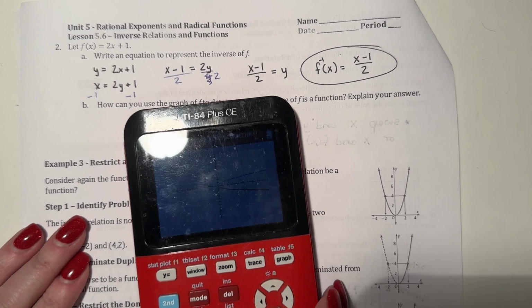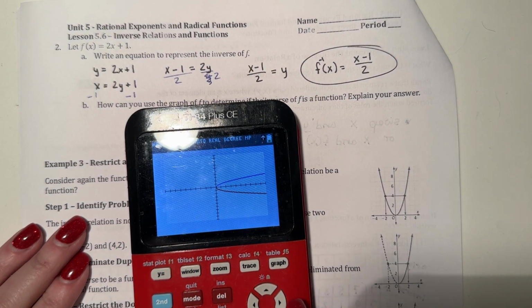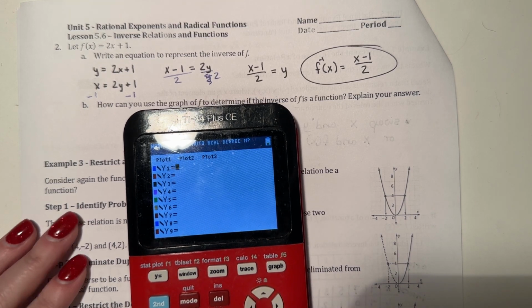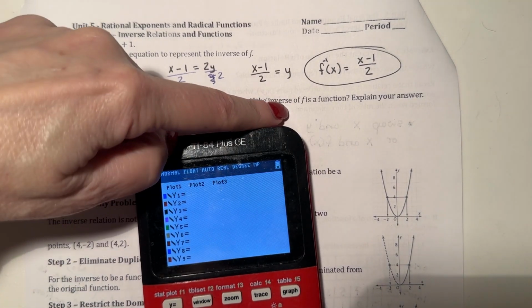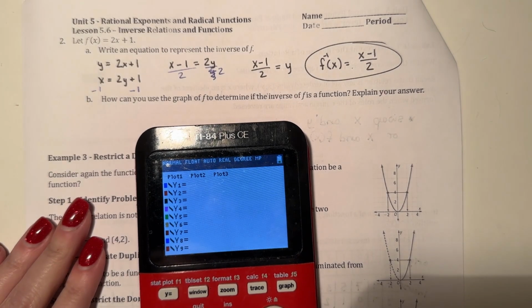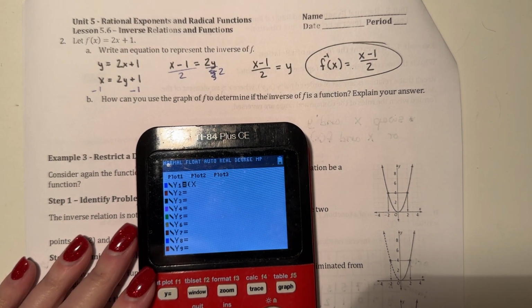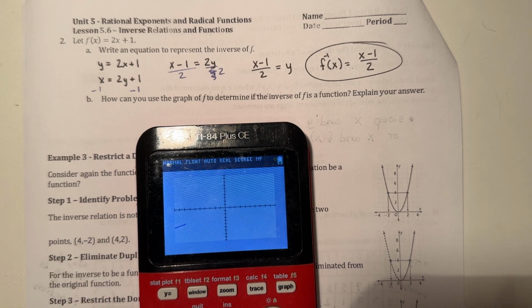Well, let's go take a look. Okay, so I'm going to put the inverse into my equation over here. So parentheses, x minus 1 divided by 2, and I'm going to hit graph.